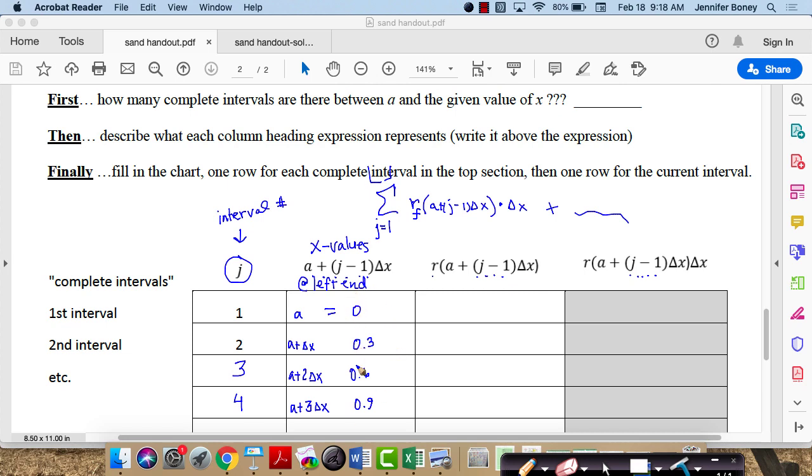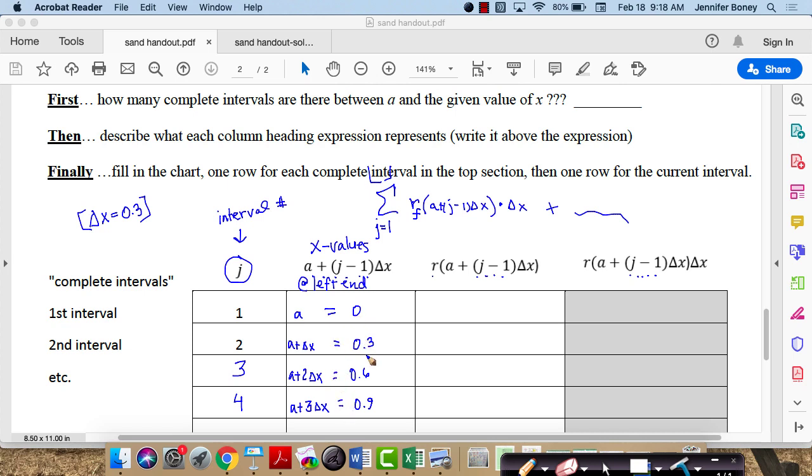But each of these could be computed by substituting in 0 for a, and delta x was also stated above: delta x is 0.3. So if I have 0, 0 plus 0.3, 0 plus 2 times 0.3, 0 plus 3 times 0.3, and if you were a computer, you wouldn't think that was a weird thing to say, but as a human, you're like, I'm just going to count by 0.3s.